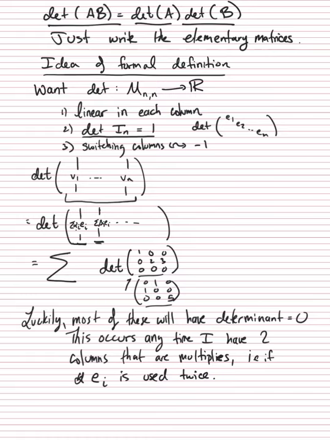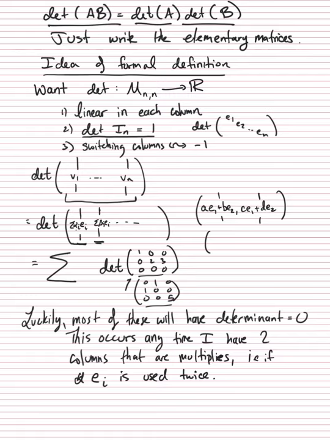So maybe I'll just do the 2 by 2 case. Okay, so this is A, and I did this in the last lecture. So I have A e1 plus B e2, C e1 plus D e2. These are my two columns.